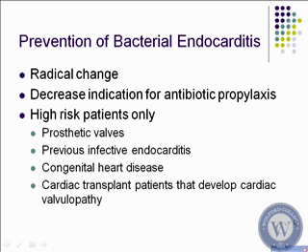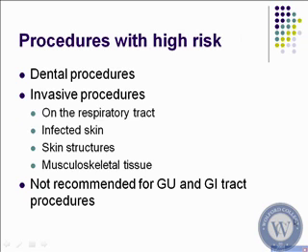Patients that have prosthetic valves, previous infective endocarditis, congenital heart disease, or cardiac transplant patients who develop cardiac valvulopathy. Dental procedures are considered high risk. Invasive procedures on the respiratory tract. Anytime you enter the mouth, you're causing risk of infection in the teeth. Skin structures, musculoskeletal tissues.